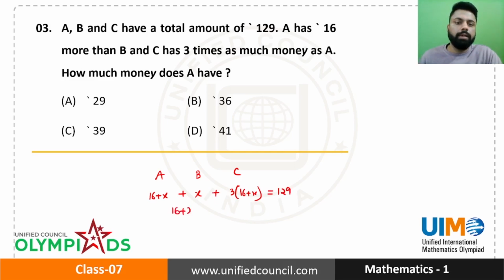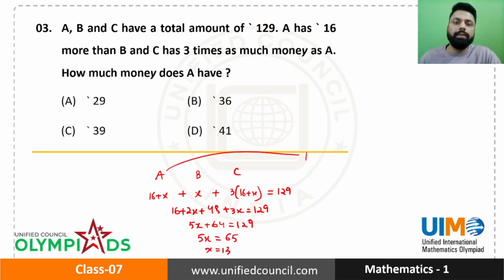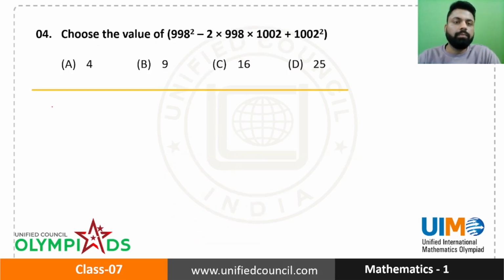So 16 plus 2x plus 48 plus 3x is equal to 129, so 5x plus 64 is equal to 129, 5x is equal to 65, so x is equal to 13. How much money does A have? A has 13 plus 16, that is 29. A option is the correct answer.